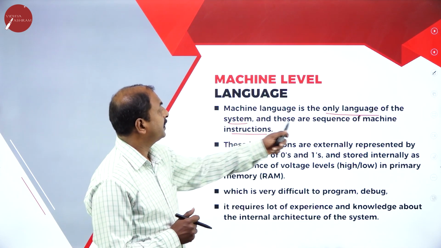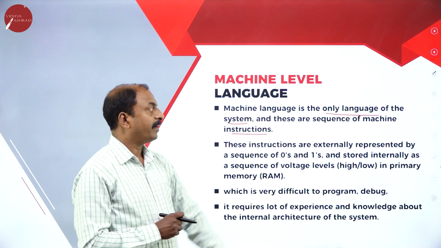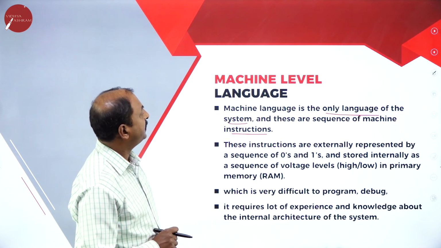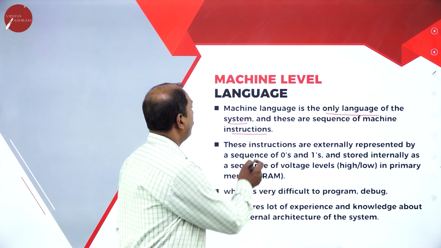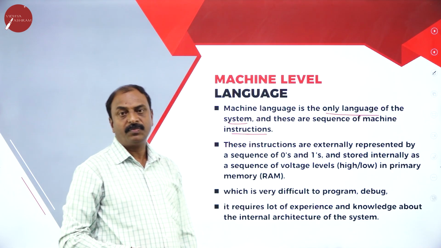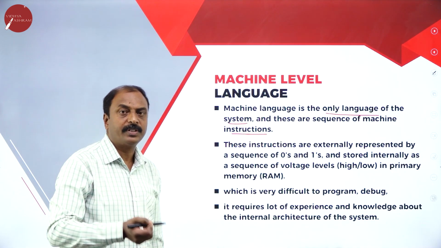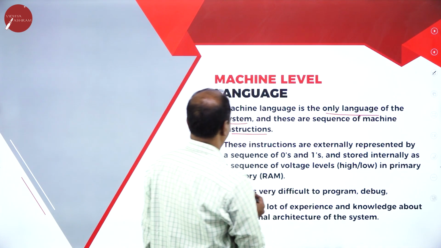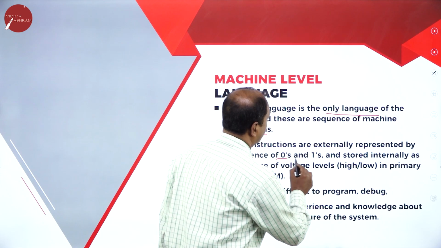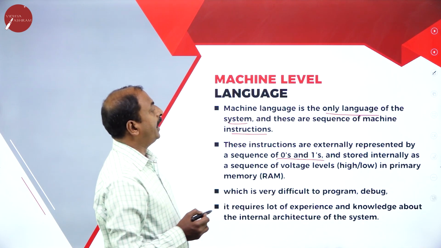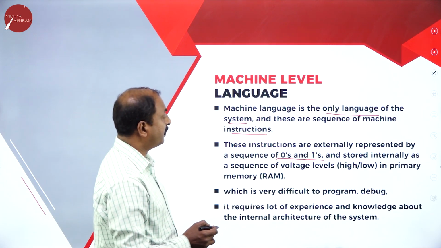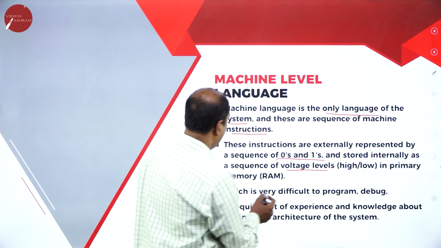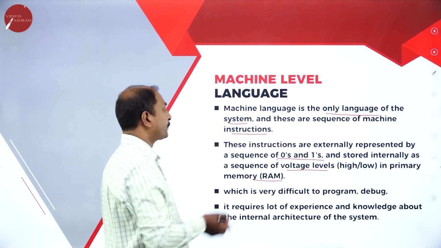We use these instructions to instruct the computer system. These instructions are externally represented by a sequence of zeros and ones and stored internally as a sequence of voltage levels, high or low, in RAM.